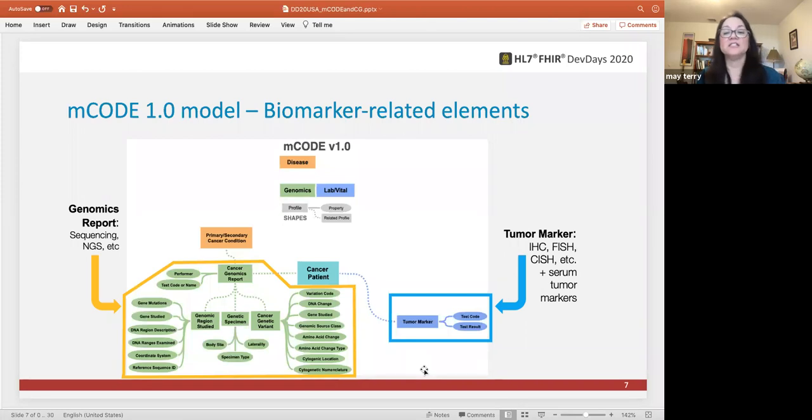Some of these results you might get from Quest or LabCorp or BioReference, where the type of feed that you would get from these systems may be something as much as an HL7 message. Maybe it could have been translated to FHIR, but it's usually a lot more lightweight.